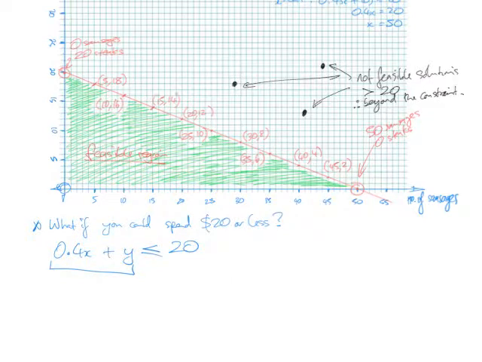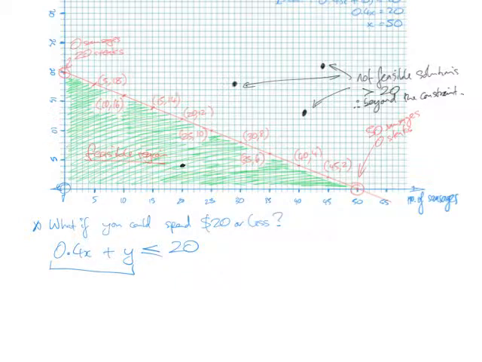Any of these other solutions, so for this one, for example, 41 sausages and 13 steaks, that would be too expensive. However, everything underneath the line in the feasible region would be less than $20, so it's a possible solution. It's just not spending the whole amount.